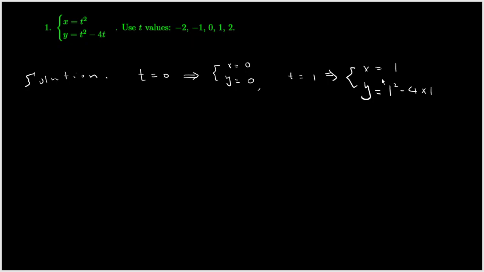I believe this number is equal to 3, so correct me if you see anything wrong. Wouldn't it be -3? Yeah, -3. So sorry about that. So the point for t value of 1 is the point with x coordinate of 1 and y coordinate of -3.